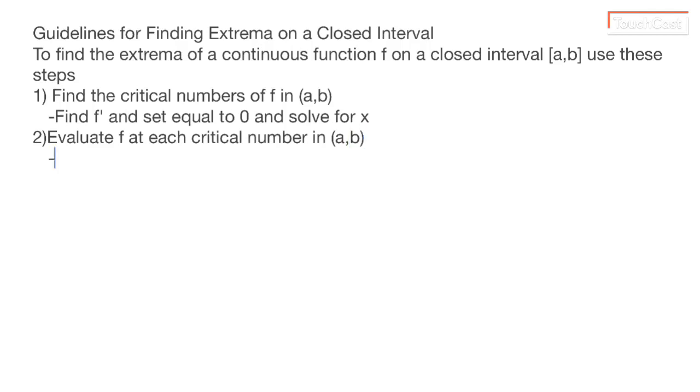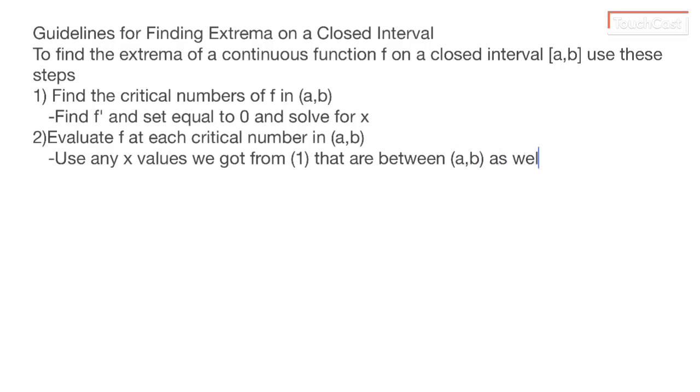What that means is we are going to use any x values we got from step 1 that are between A and B. In fact, I'm not going to use A and B yet. That's actually in step 3. So I kind of combined those two.